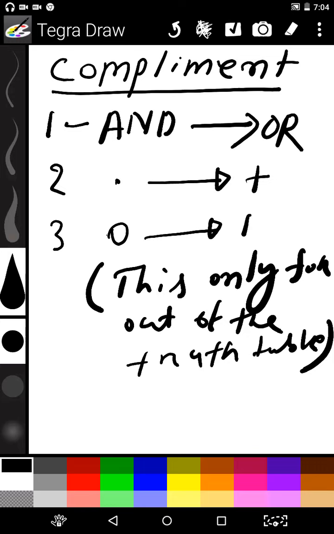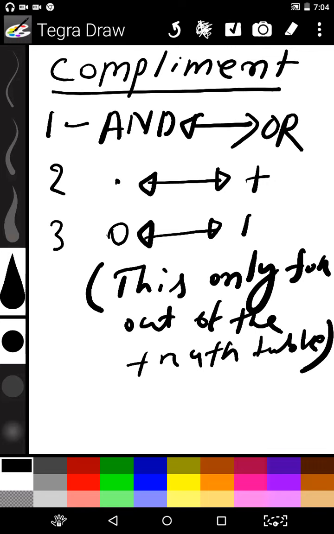If dot is present, convert to plus. If plus is present, convert to dot. If AND is present, then OR. If OR is present, then AND.